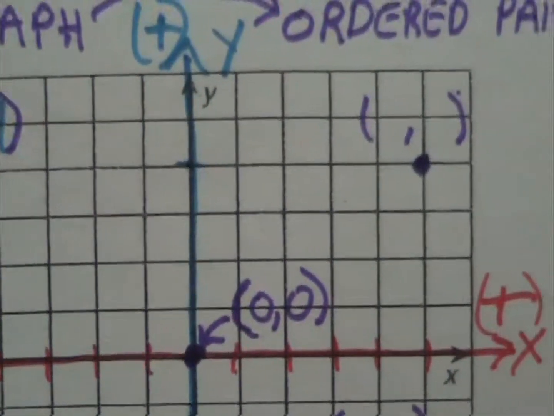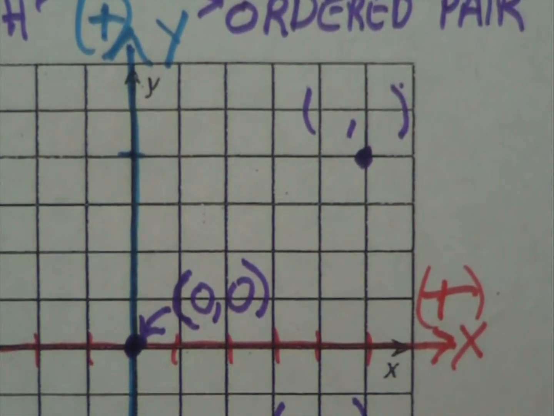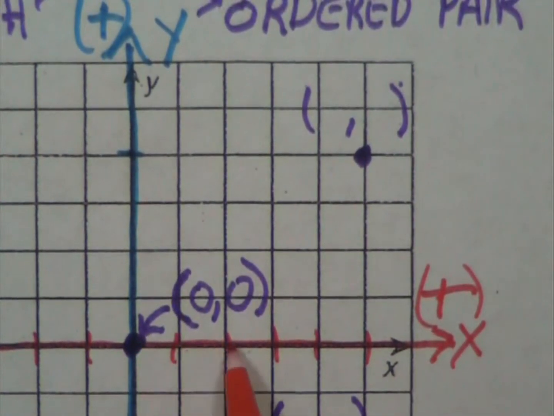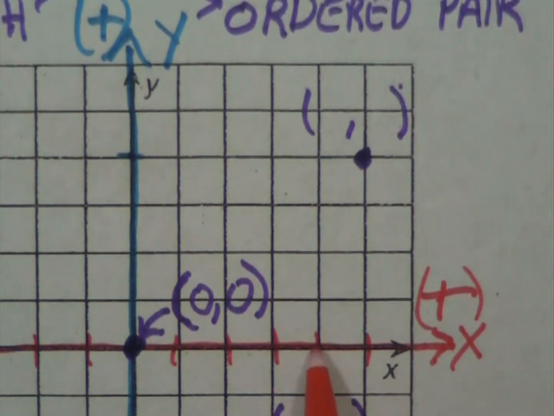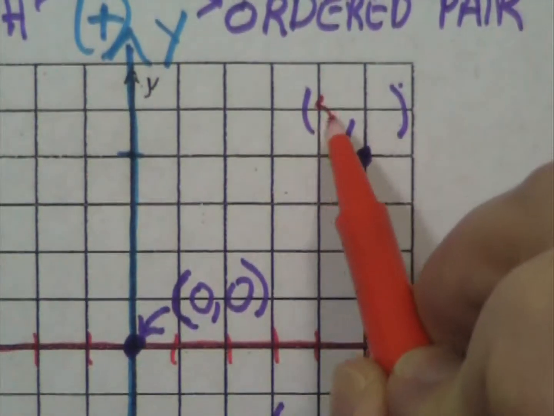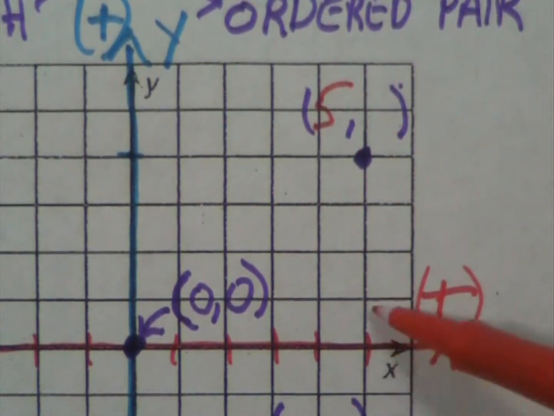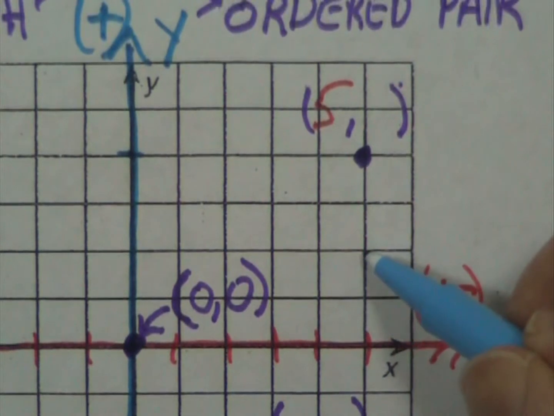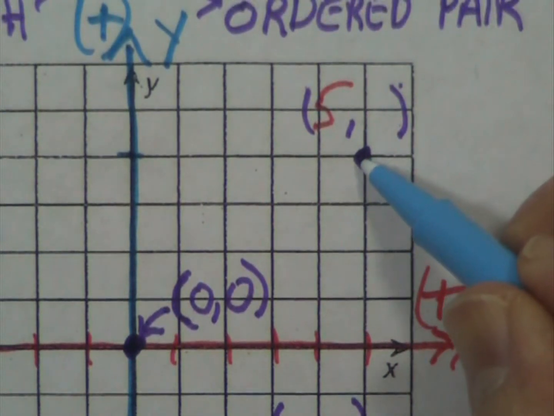Okay, let's go to quadrant 1. These both should be positive. So I'll count from the origin. It is 1, 2, 3, 4, 5. +5 on the x. And then on the y part, going up, it's 1, 2, 3, 4. +4.